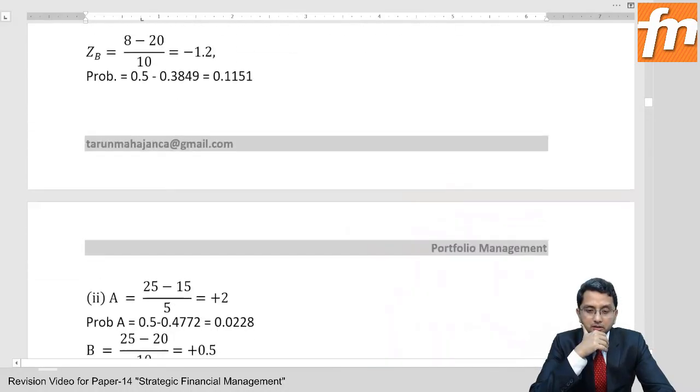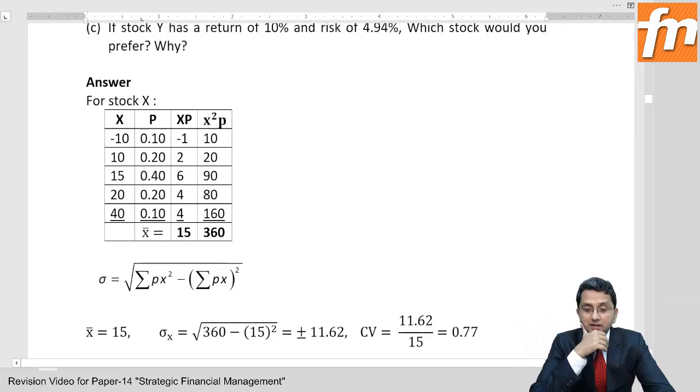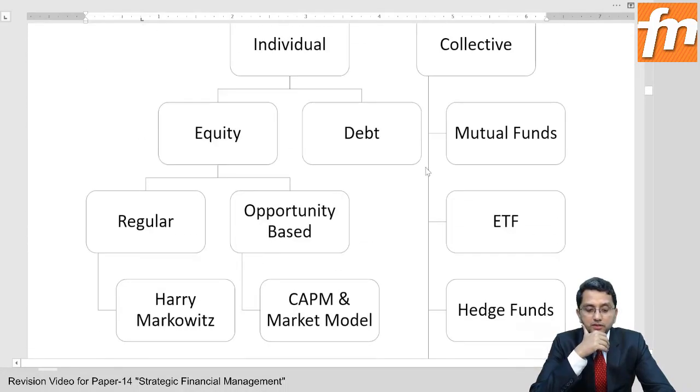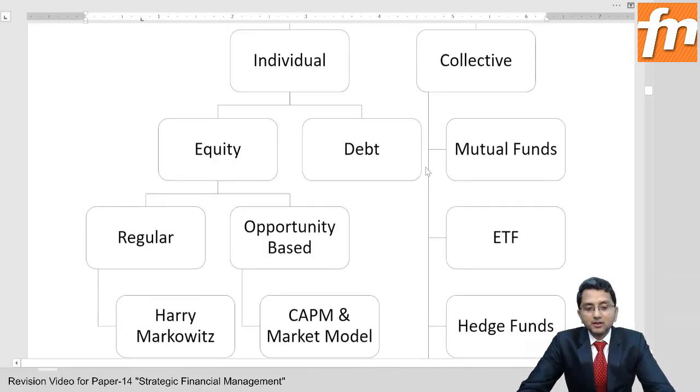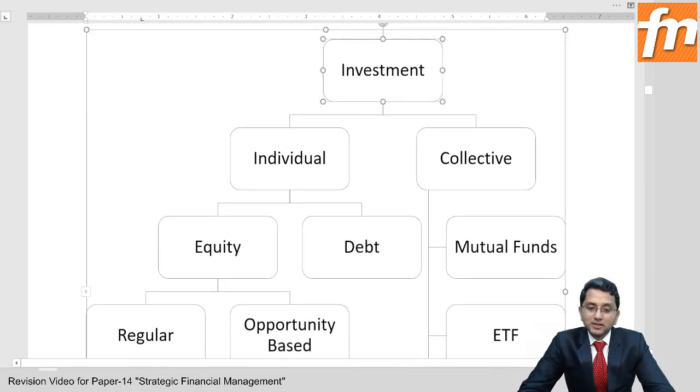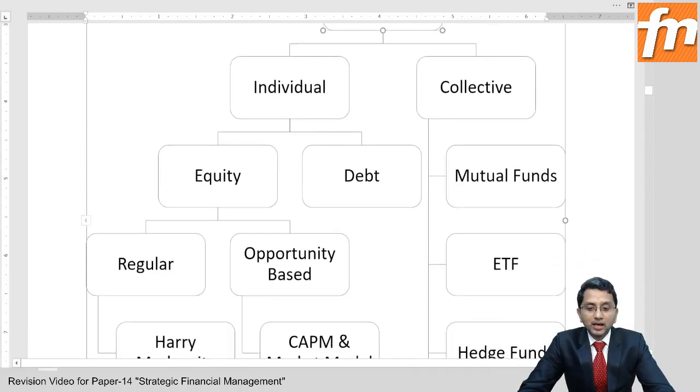first chapter of portfolio management, I have divided, for your convenience, this portfolio management into several parts. So, look here. If you're an individual, you always need to make investment. When you make investment, either you can make your own investment or you can invest through mutual fund. When you make your own investment, you can invest either in equity or in debt.